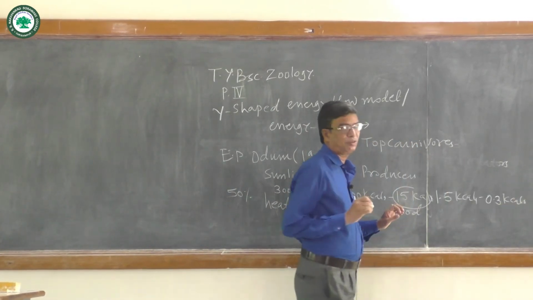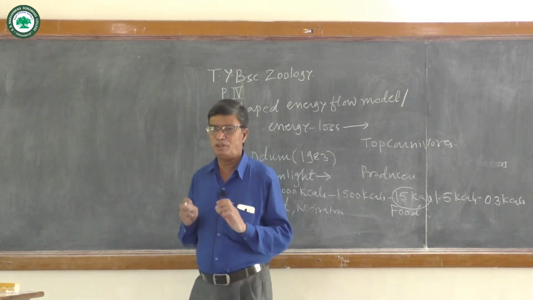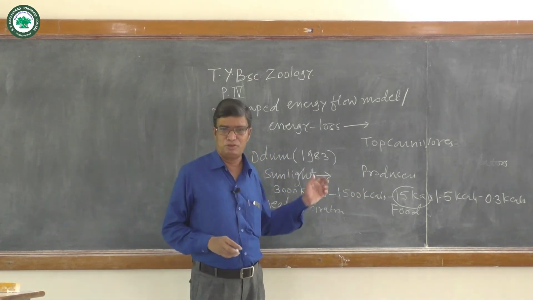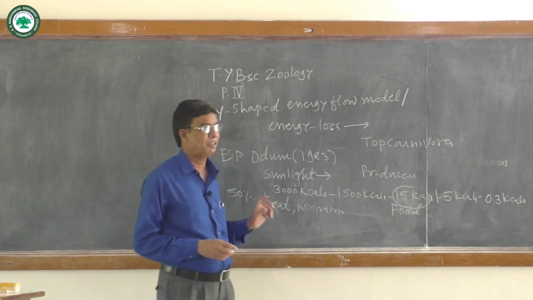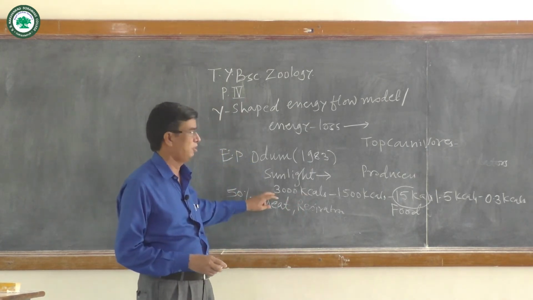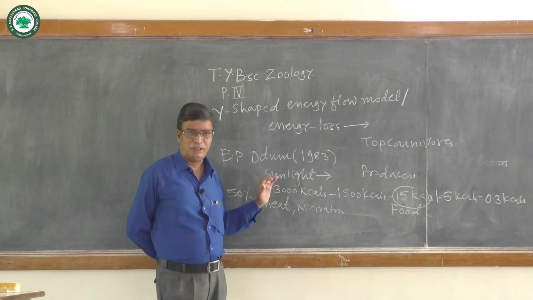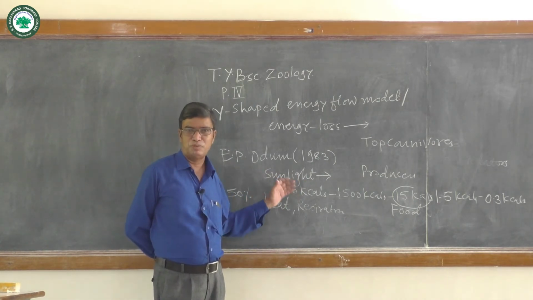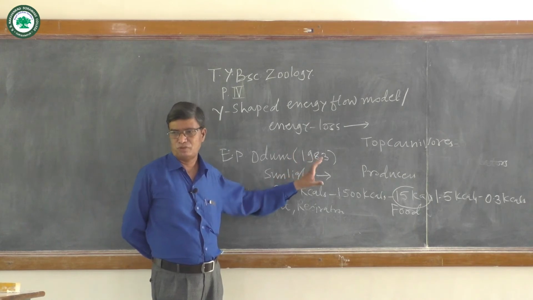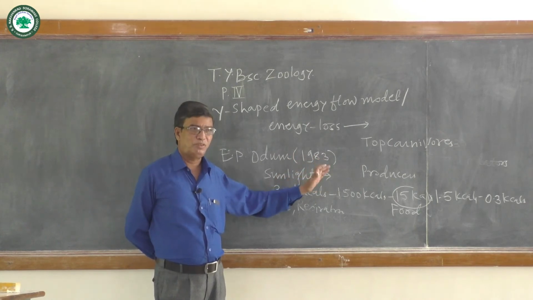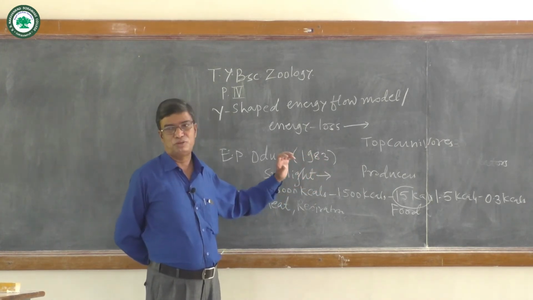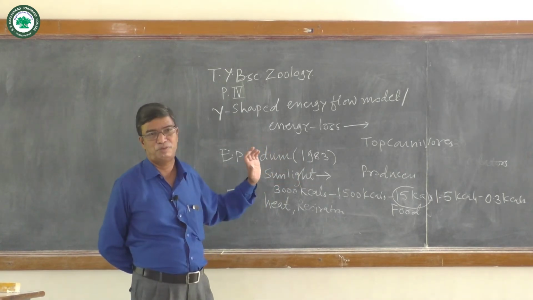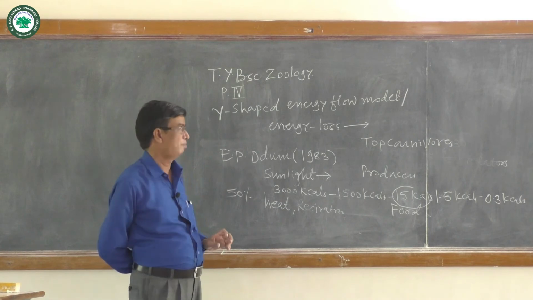That is, there is a gradual decrease in the amount of energy transferred from one trophic level to the next, and that is explained with the help of different energy flow models.